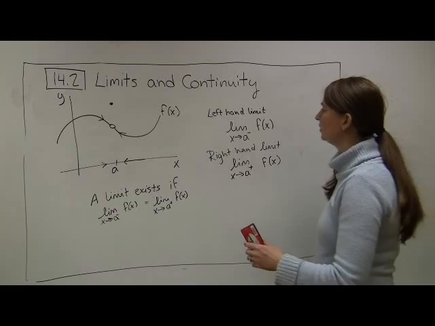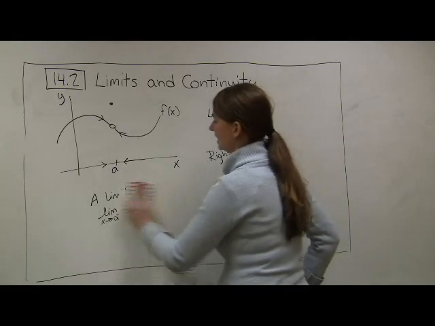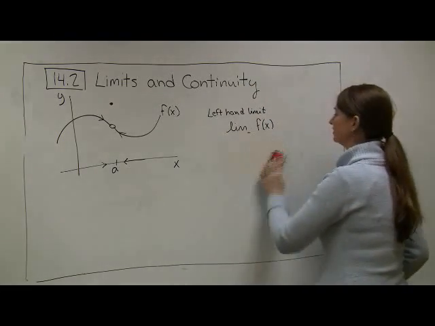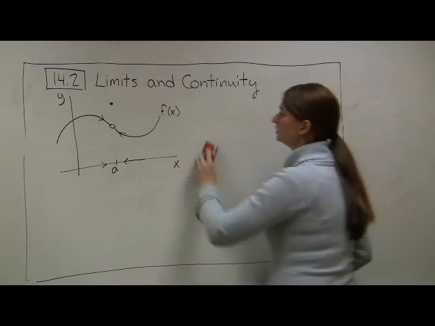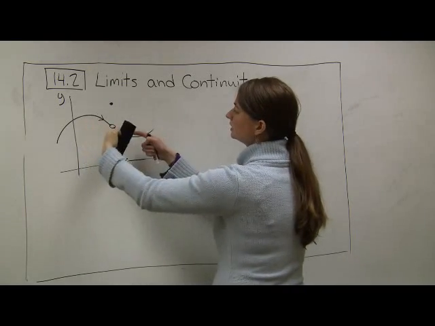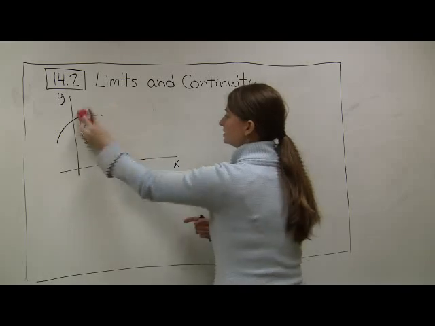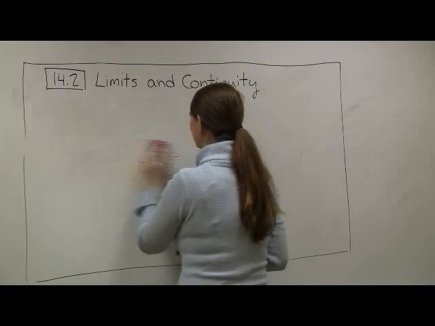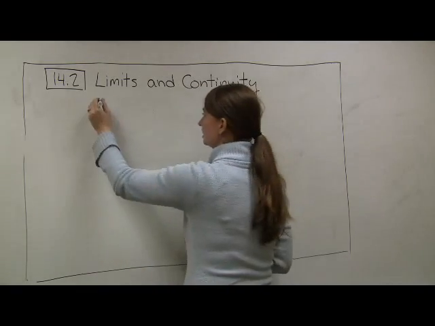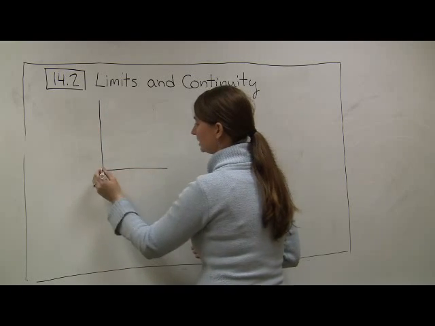So now let's talk about what this would mean for a multivariable case. If you're talking about a multivariable function, and in this case a two-variable function, we no longer can approach just from the right side or the left side. Graphical representations of our functions now are a little more complicated.